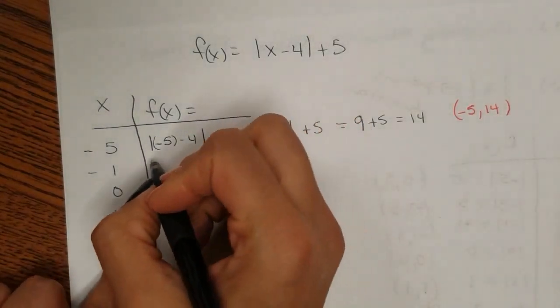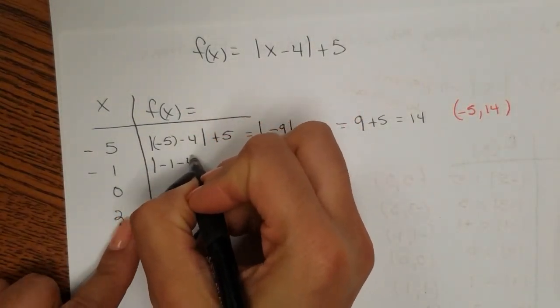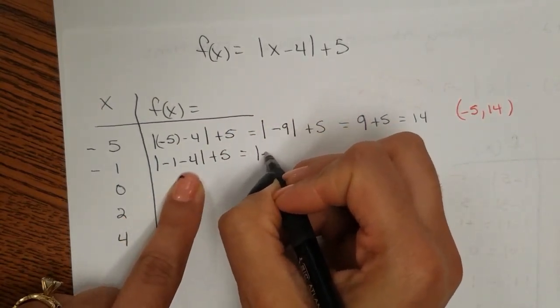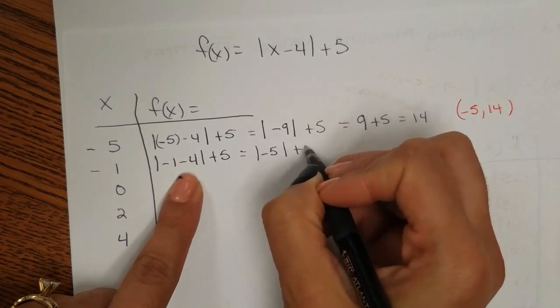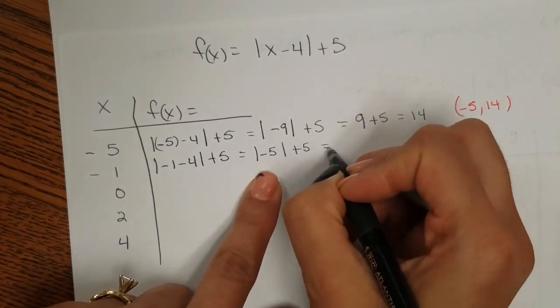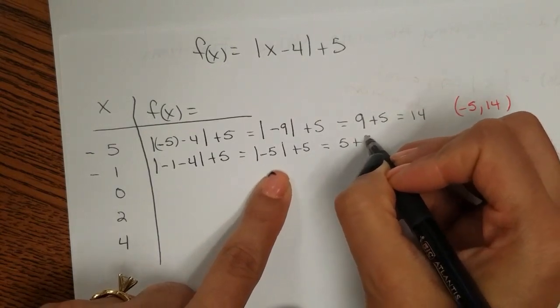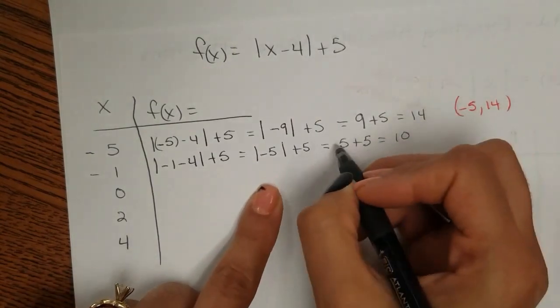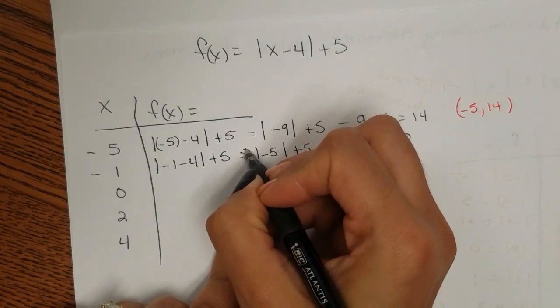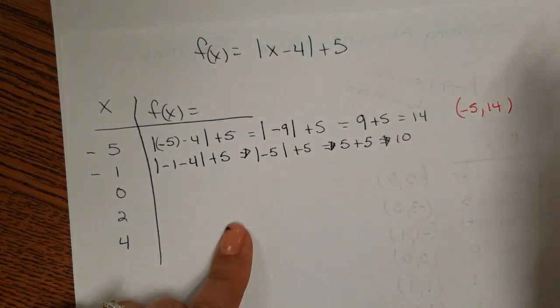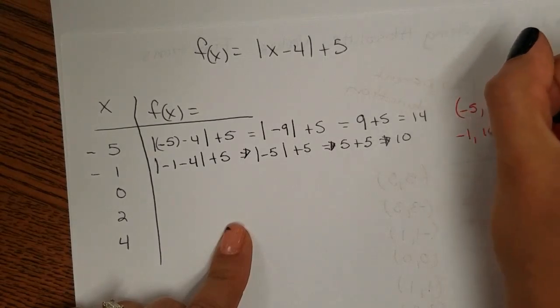Let's do a few more. We have the absolute value of -1 minus 4 plus 5. -1 minus 4 is -5, which becomes a positive. So we have 5 plus 5, which is 10. If you're plotting the point, that's the point (-1, 10).